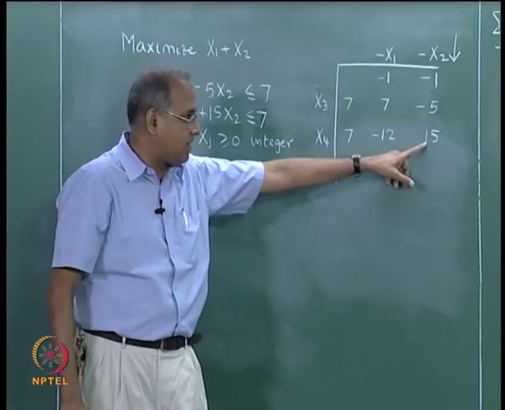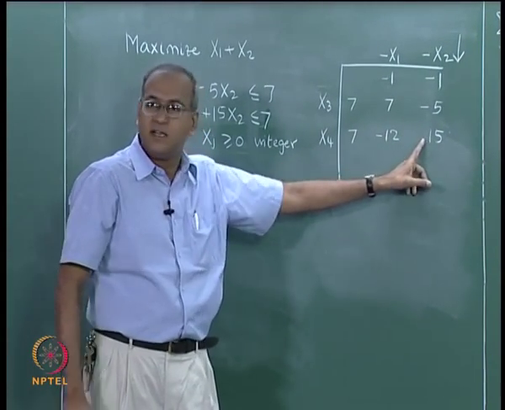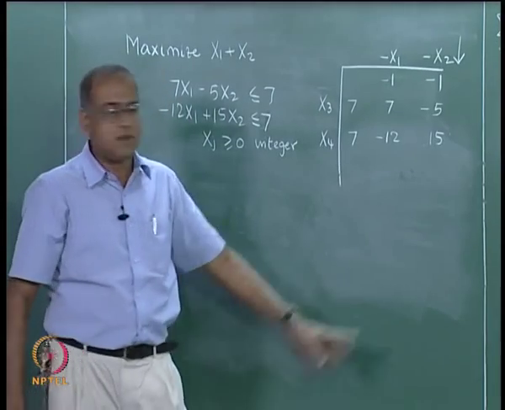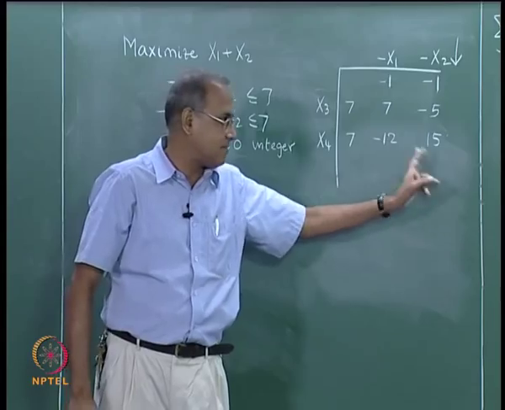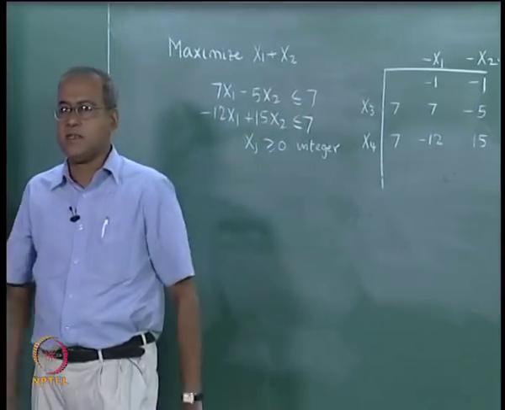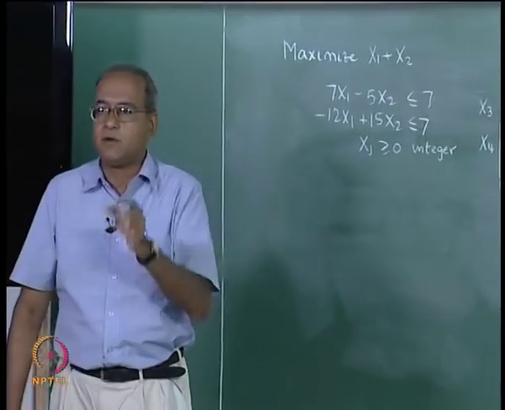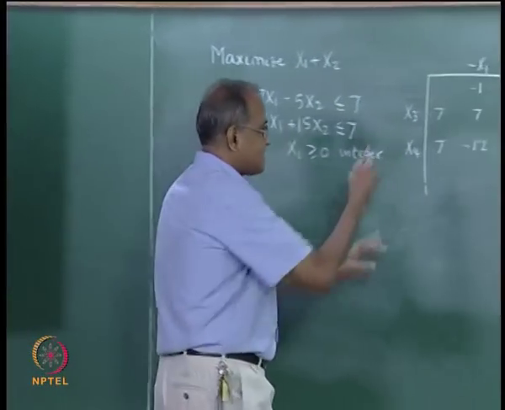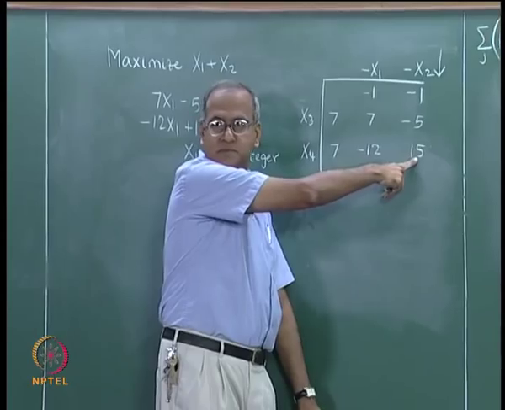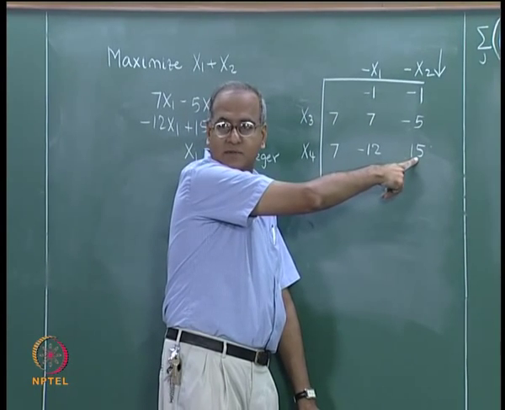Once again, this is a positive integer, it will not be 0, it will definitely be a positive integer because it is a pivot element. So 1 by this is always a positive fraction between 0 and 1. The only case that can happen is this itself being 1, where h will be equal to 1.